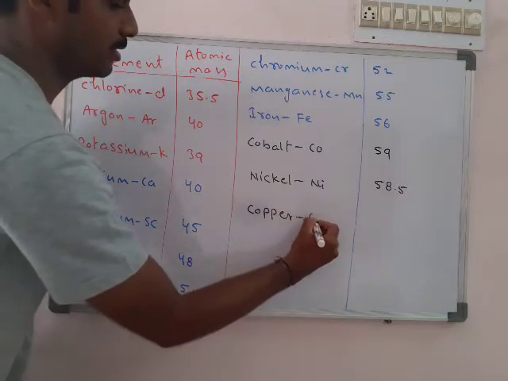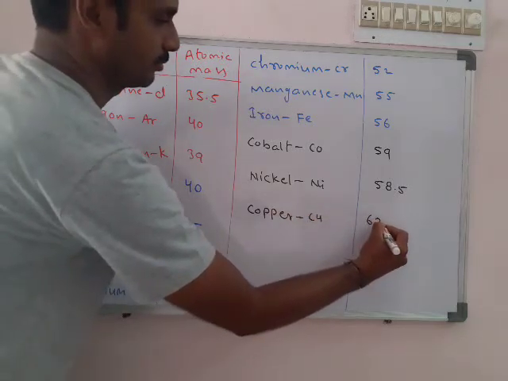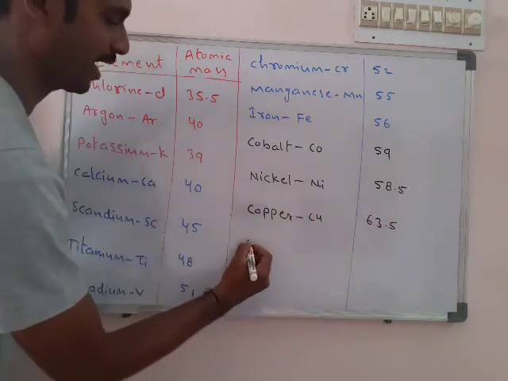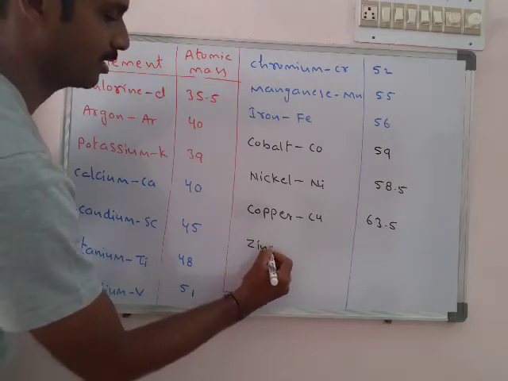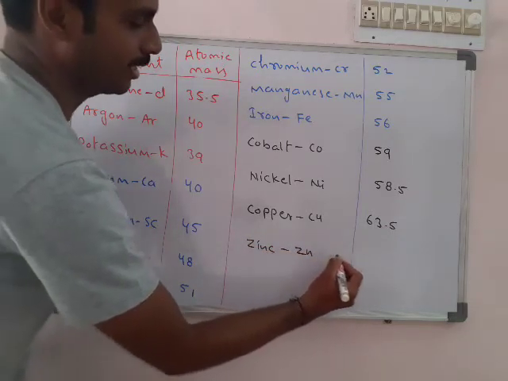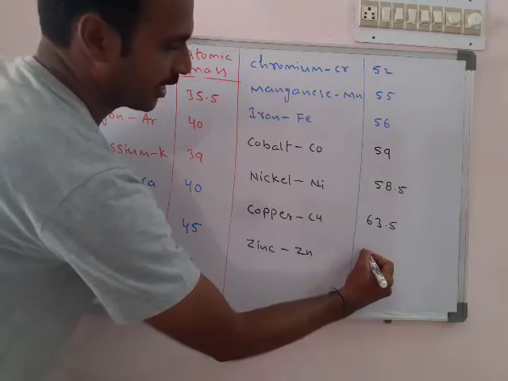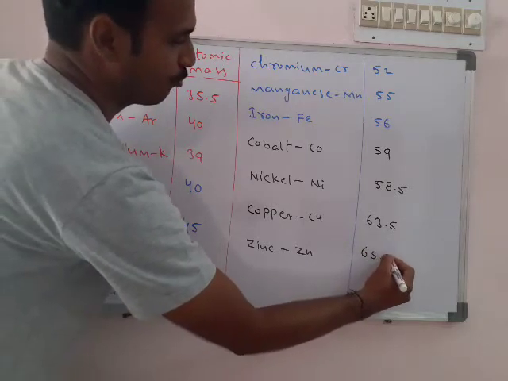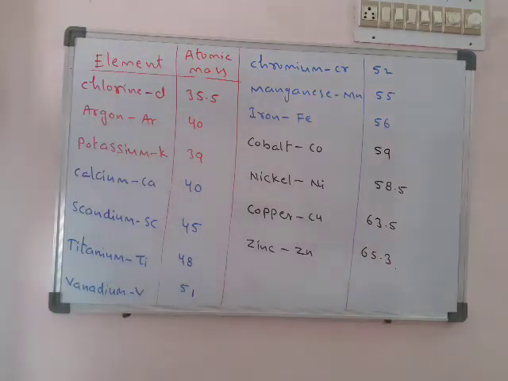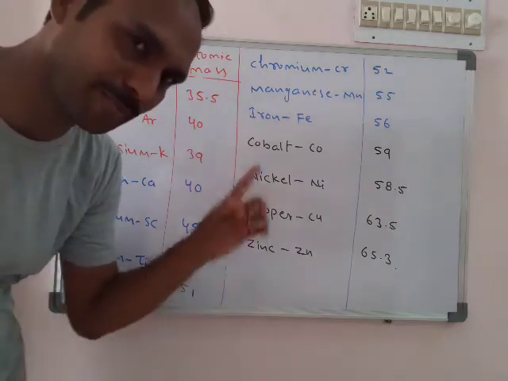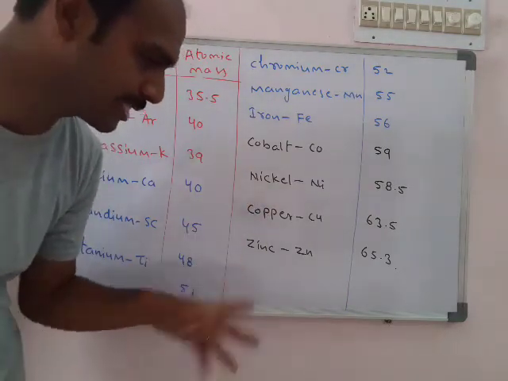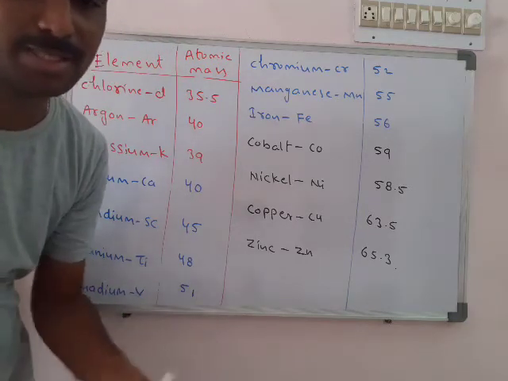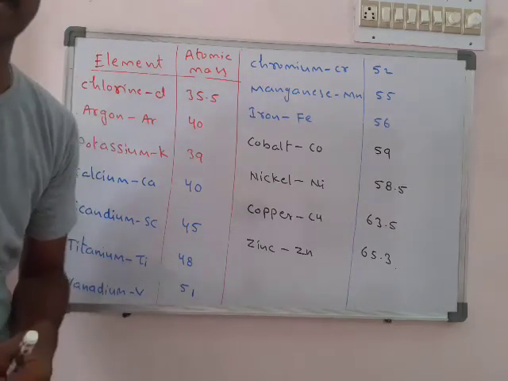So copper, Cu, 63.5. Zinc, Zn. What is that? 65.3. Okay. So these are the first 30 elements. If you write the atomic numbers continuously, it comes to zinc 30, and some other important elements are also there.